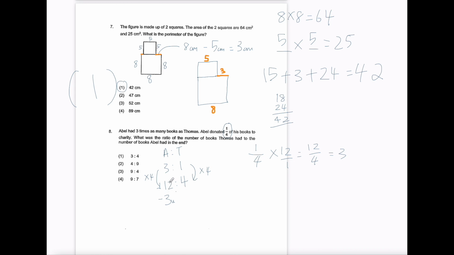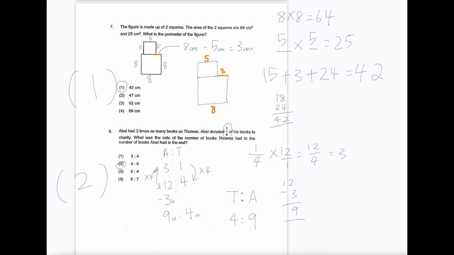If Abel deducts 3, 12 minus 3 gives you 9. So he's going to have 9 units left, and Thomas didn't donate anything, so his books remain the same, it's 4. So the number of books Thomas had to the number of books Abel had is 4 is to 9, which is option 2.